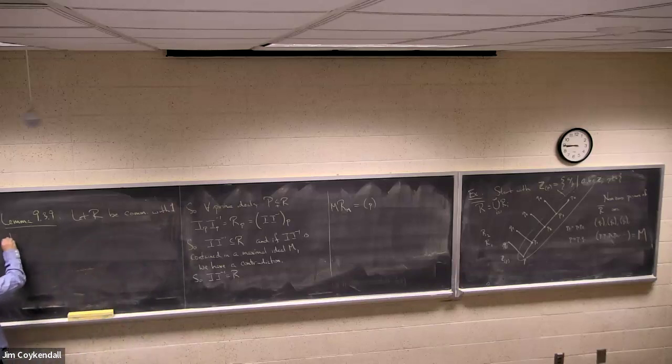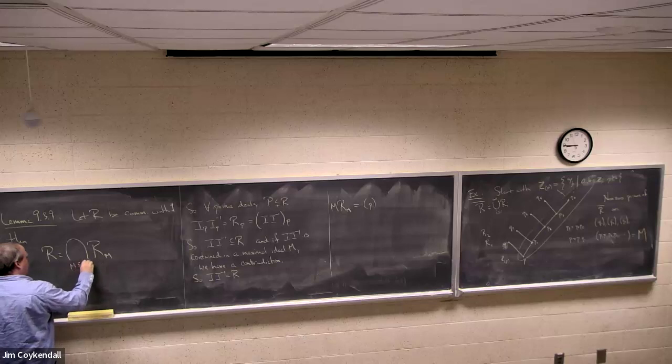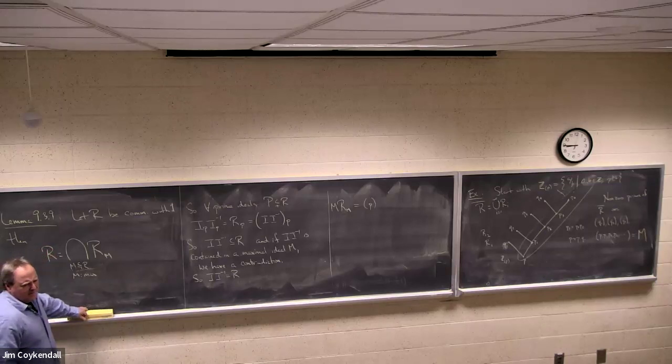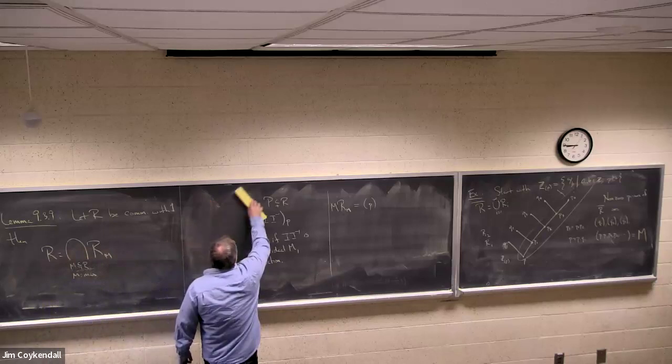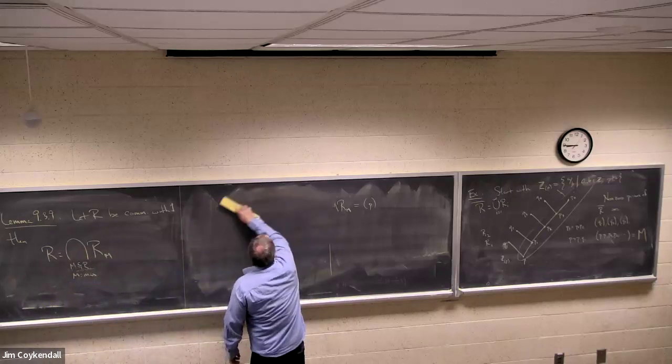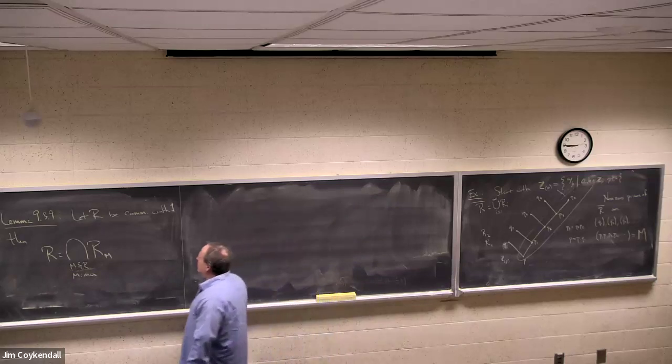Then R is equal to the intersection of R localized at M as M ranges over the maximal ideals. So if you take R localized at M for all the maximal ideals and intersect, you get R.